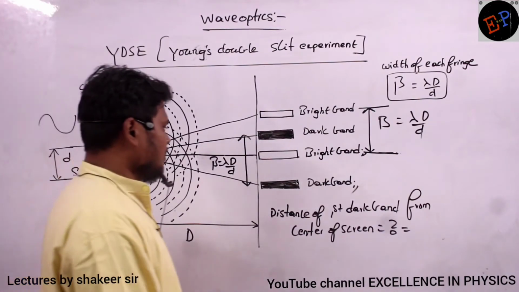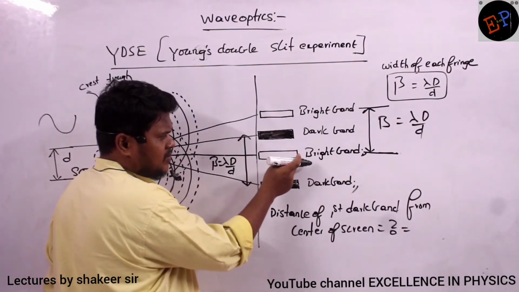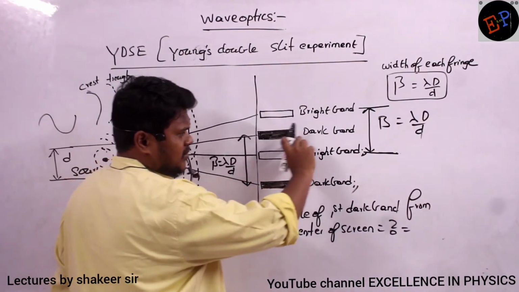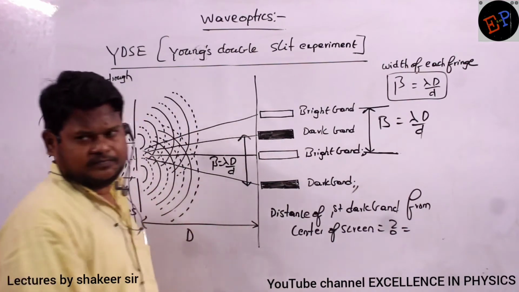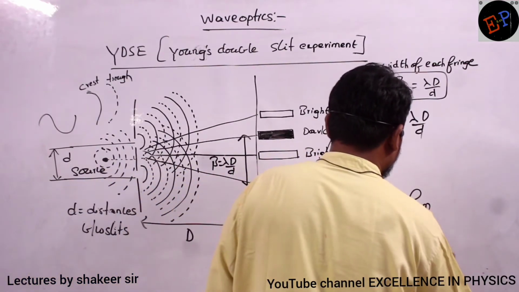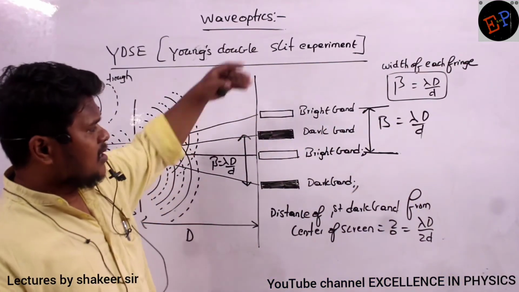Half beta. Clear? This is the central bright band, and from the central bright band, this is the first dark band. The dark band will be at how much distance? Exactly half of beta. So therefore it is half of beta, or lambda D by 2d.